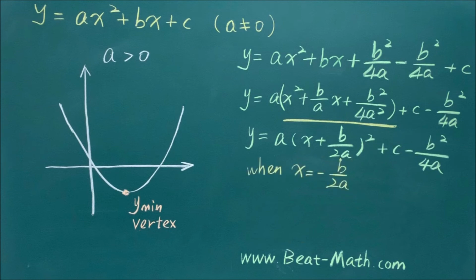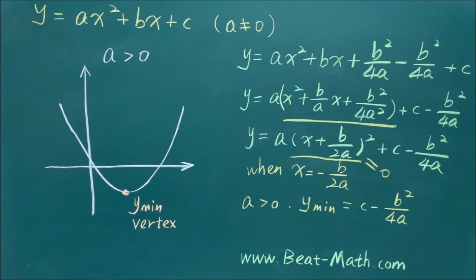When x equals negative b divided by 2a, the first part is equal to 0. So when a is greater than 0 and x equals negative b divided by 2a, the function has a minimum value of c minus b squared divided by 4a. When a is less than 0 and x equals negative b divided by 2a, the function has a maximum value of c minus b squared divided by 4a.